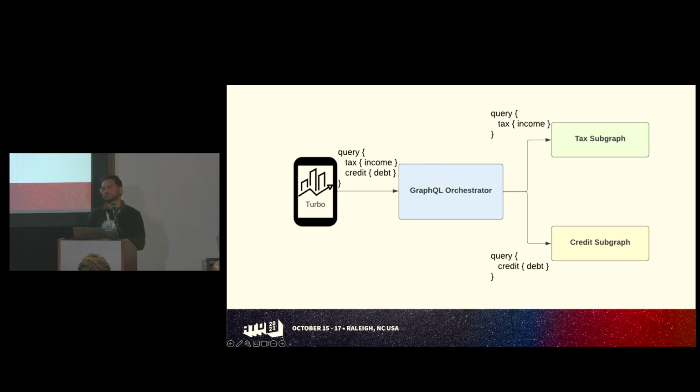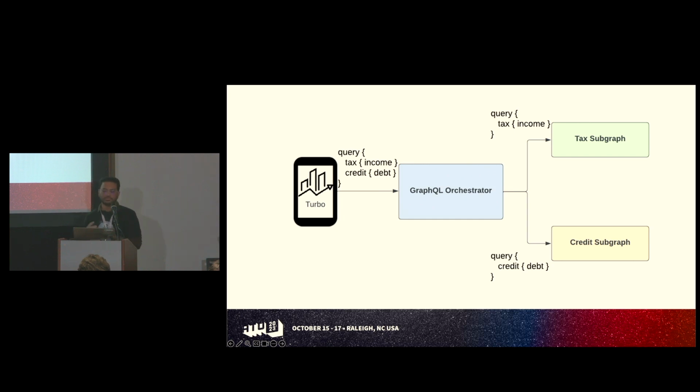GraphQL was chosen here because the tax return is a very huge document, almost 50 MB, because it has lots of forms. Similarly, the credit report is also a huge document. But to calculate the debt to income in this example, you only need the income from your tax return and the debt from your credit report. So we wanted to avoid the overfetching problem, and GraphQL just fit right in.